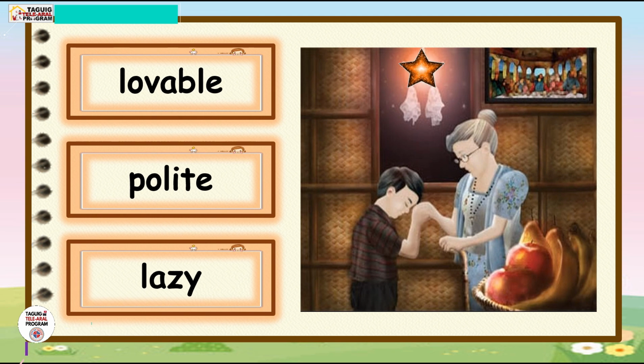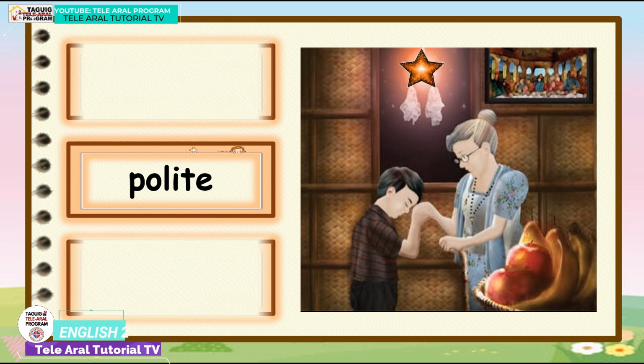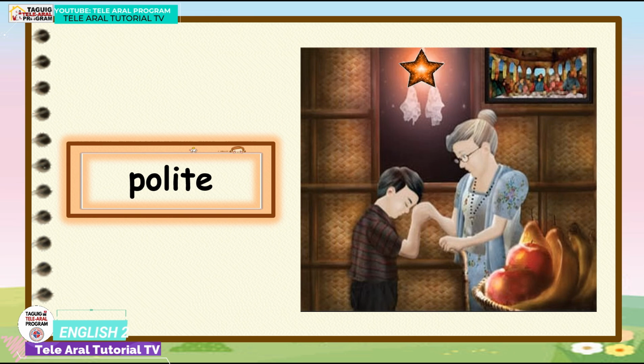Alright, we immediately bless the elders just like what the boy did to his grandmother. So, what character trait does the boy show to his grandmother? Is it lovable, polite, or lazy? Great job! The character trait that the boy shows to his grandmother is being polite.